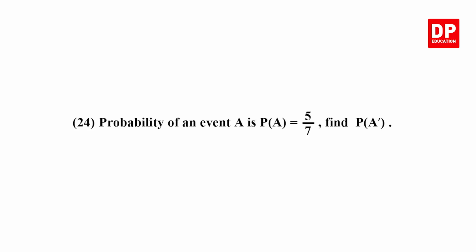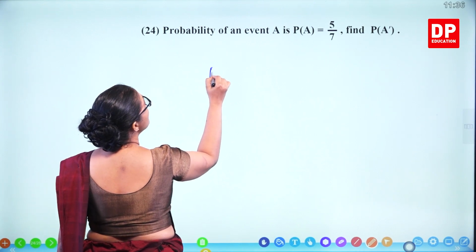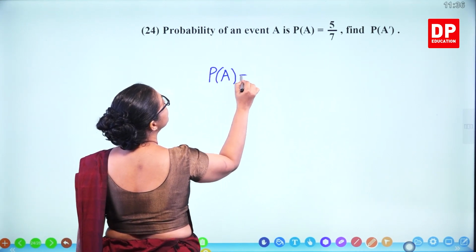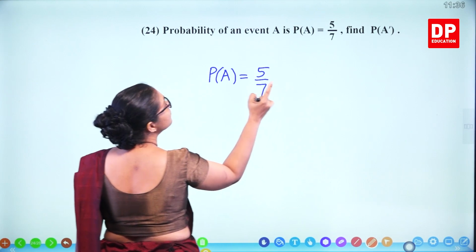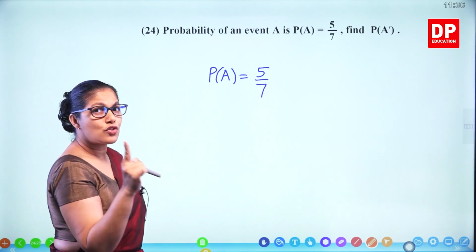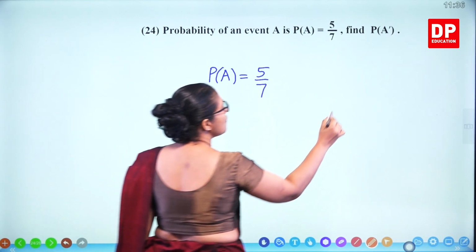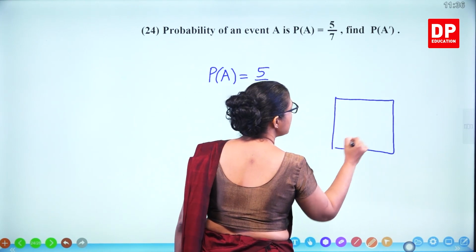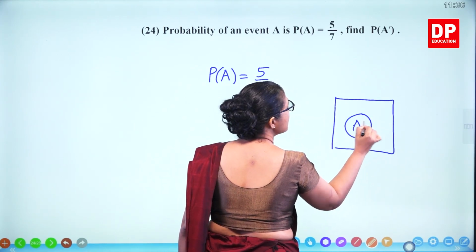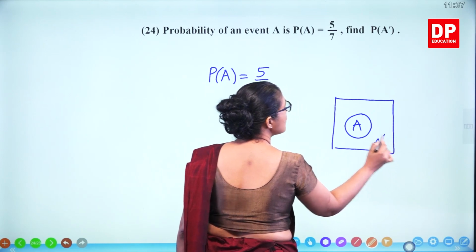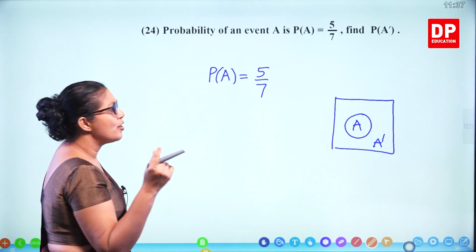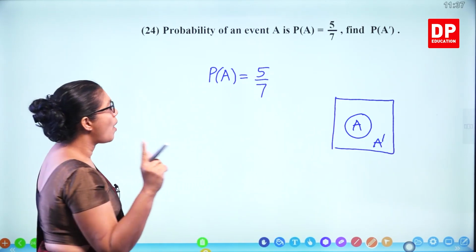Question number 24. That's a probability question. Probability of an event A is 5/7. What's P(A dash)? So what's the relationship? When you have an event A, A dash is outside. When you add the two, you get probability 1.